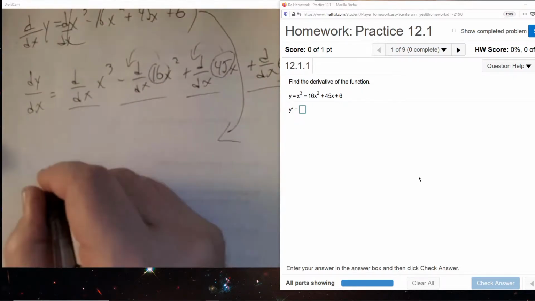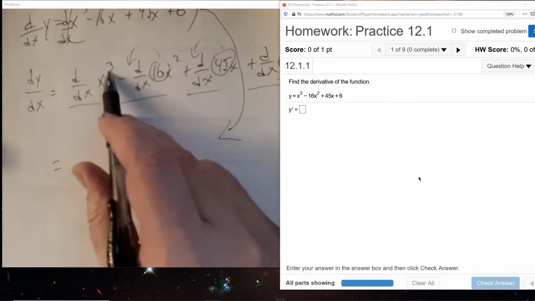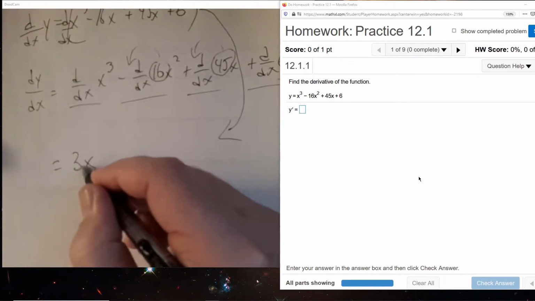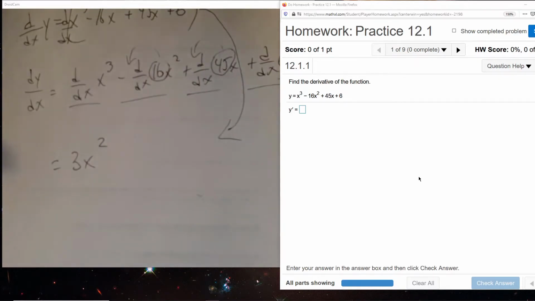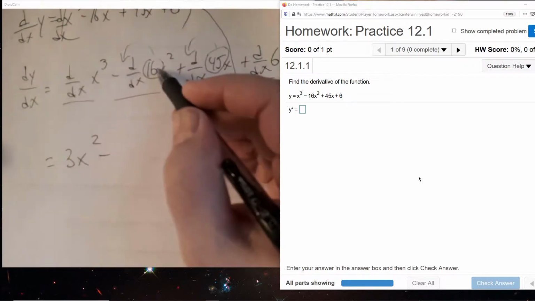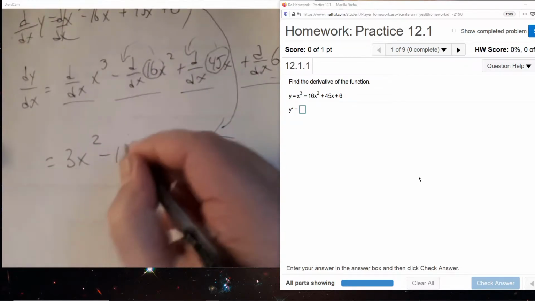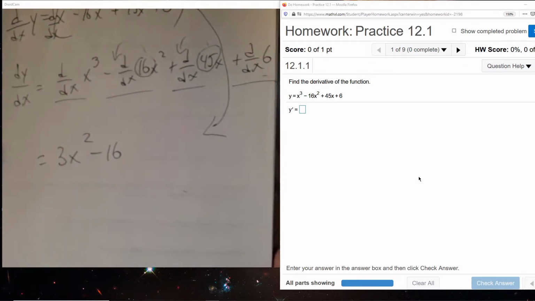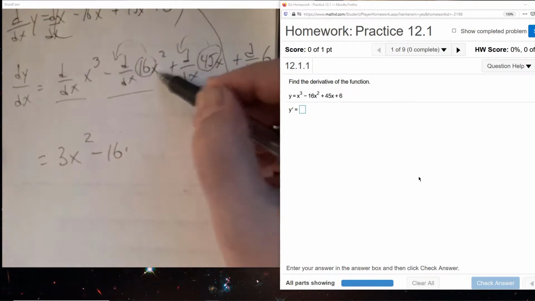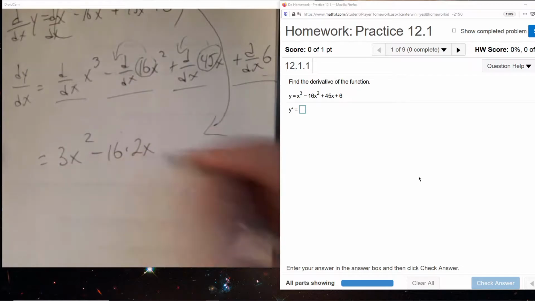So if we look at the first term, x cubed, so the 3 drops down, subtract 1 from the exponent. Then we have our minus sign. The 16 pulls out of the derivative. And then we multiply by what is the derivative. Derivative of x squared is 2x.